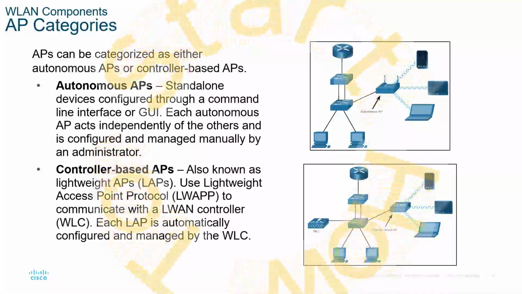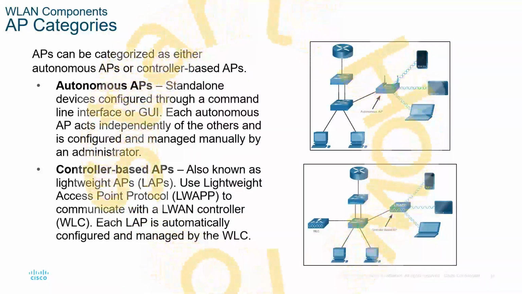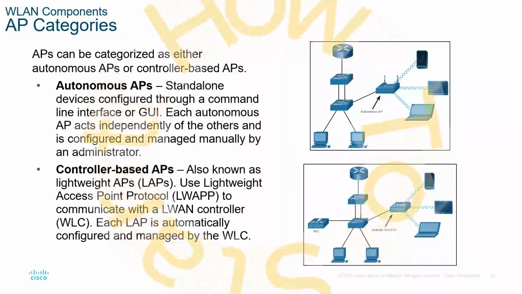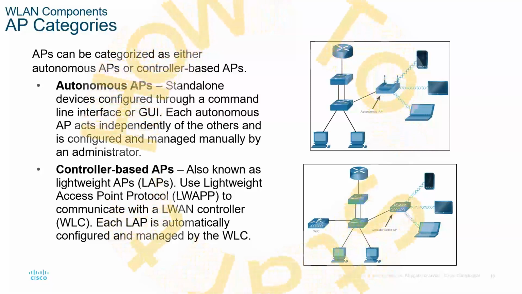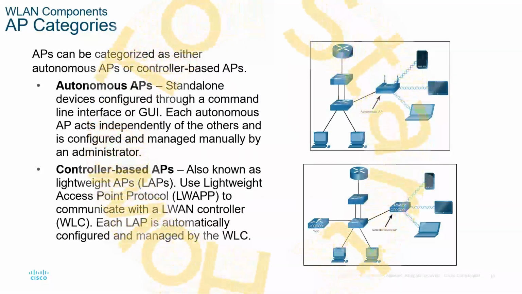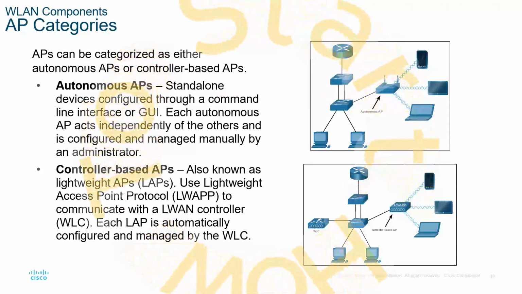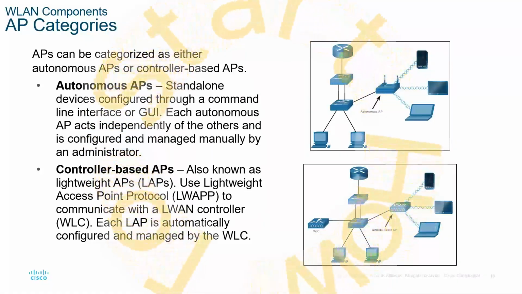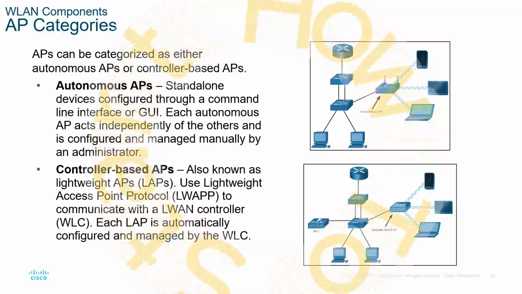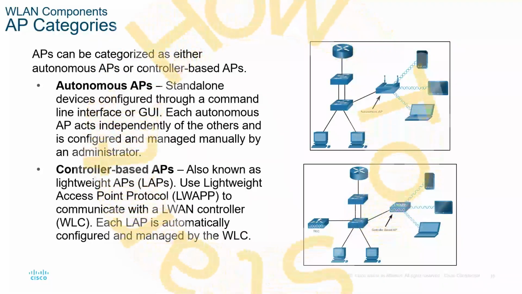Here we have 2 types of APs. We have an autonomous AP, basically it's standalone and it's configured by itself, or we have a controller-based AP. This is known as a lightweight access point. When we use the lightweight access point, it will communicate with some type of wireless controller.